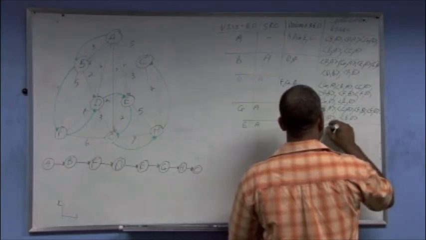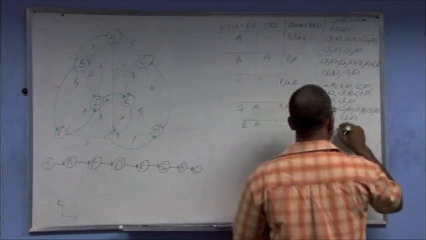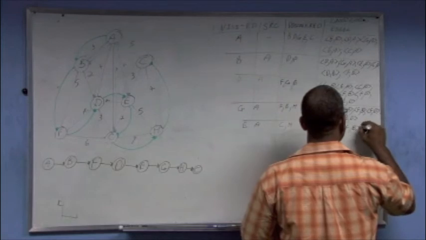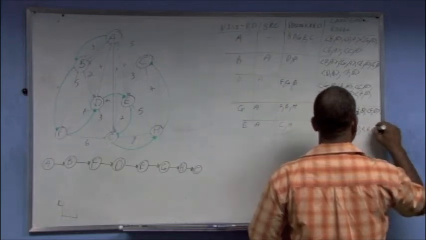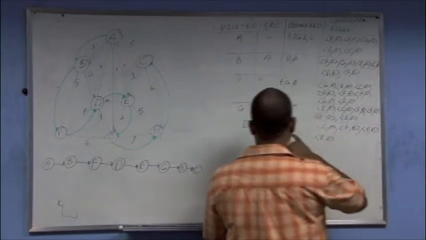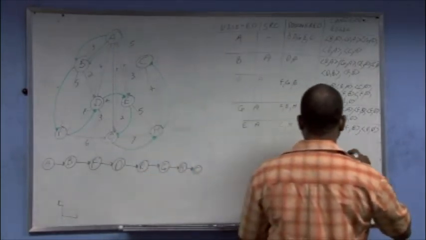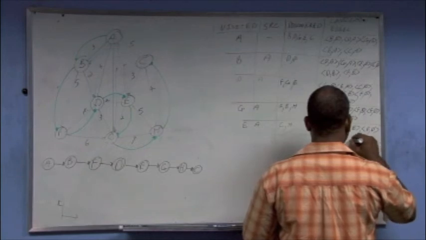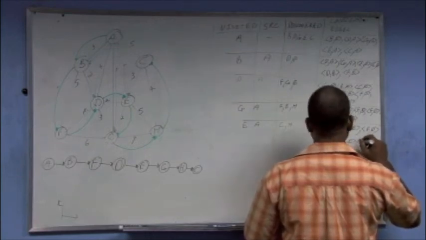So we have C from A, F from B, F from D, E from D. My new kids on the block are C from E, and H from E.